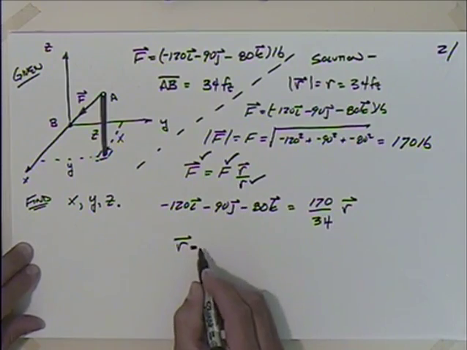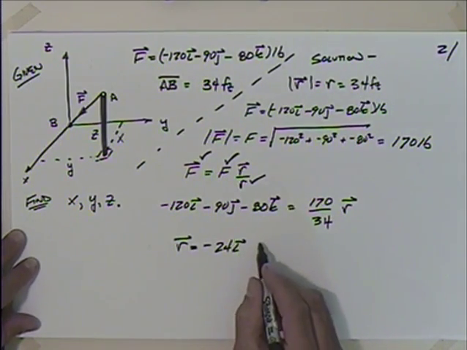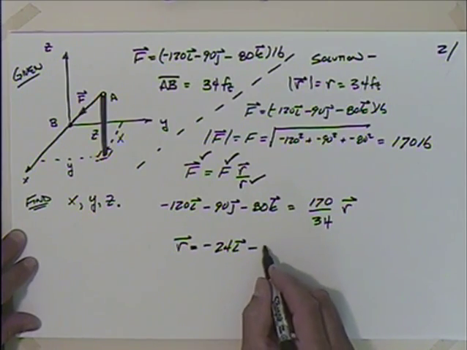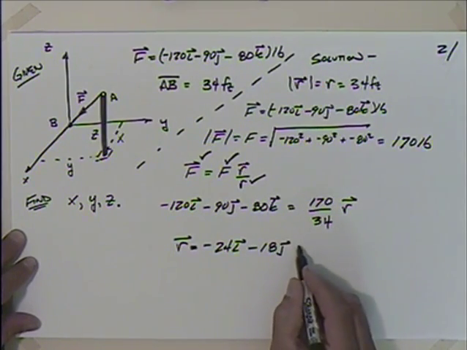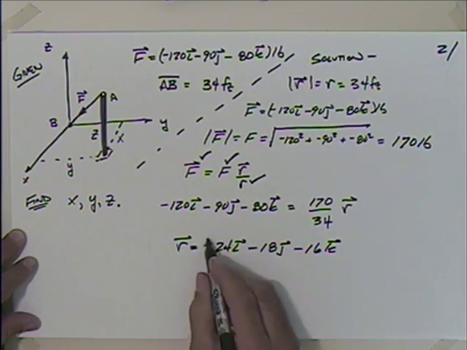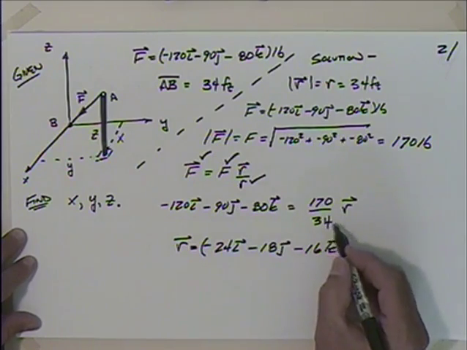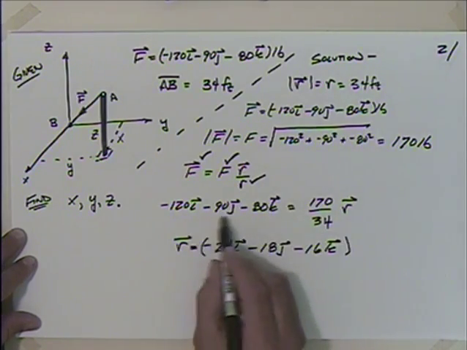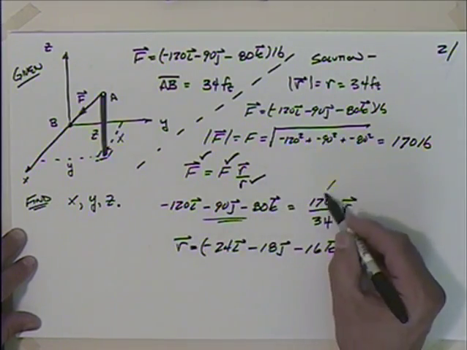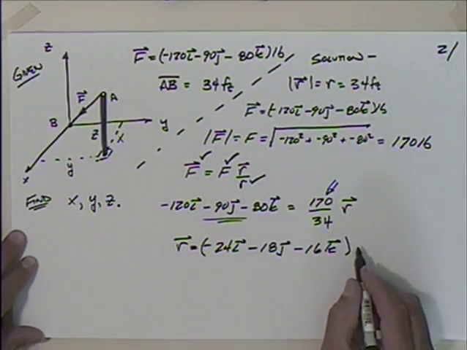So R turns out to be minus 24 in the I direction, minus 18 in the J direction, minus 16 in the K direction. And if we go through units on this, if this 34 is in feet, because this would be in pounds, the 34 would give this the units of feet.